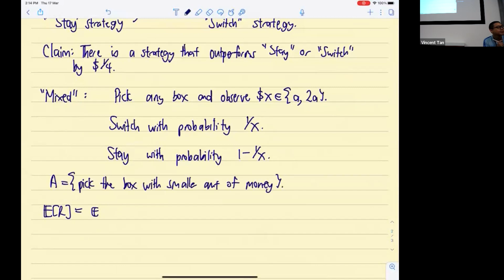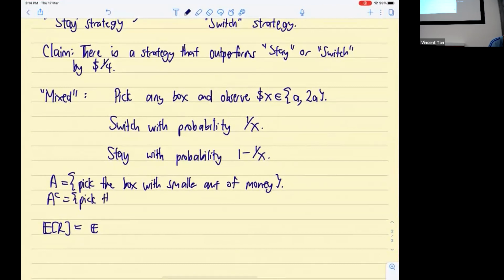So A complement is that we pick the box with the larger amount. That forms a partition of the sample space. This, by the way, is called the two-envelope problem.